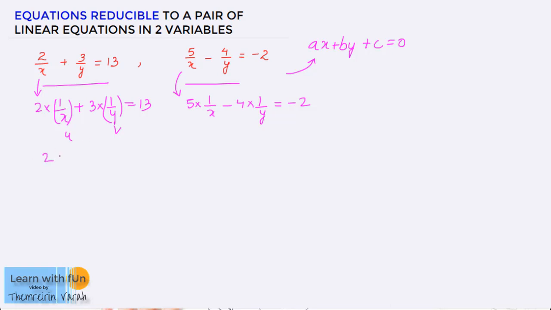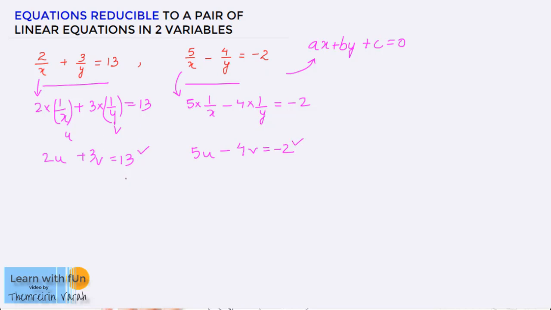So the first equation will become 2u plus 3v is equal to 13, and the second equation will become 5u minus 4v is equal to minus 2.